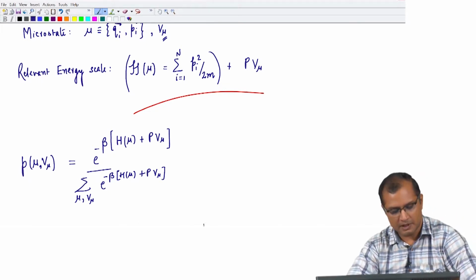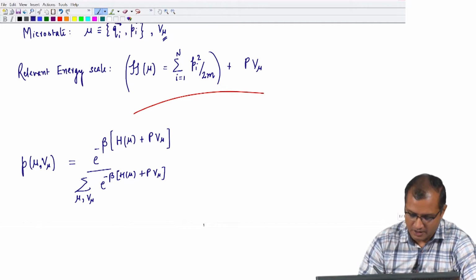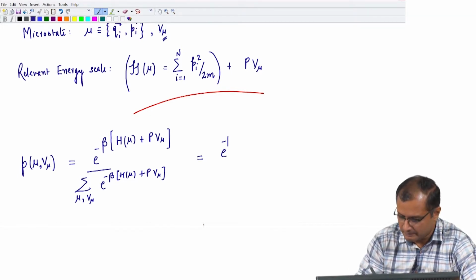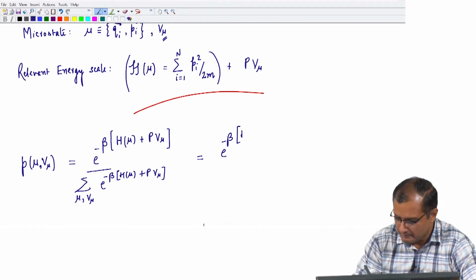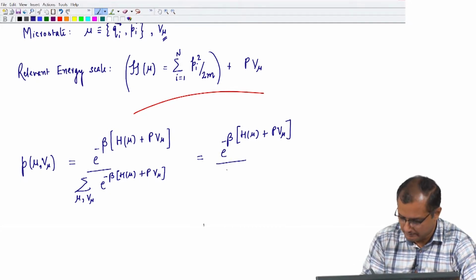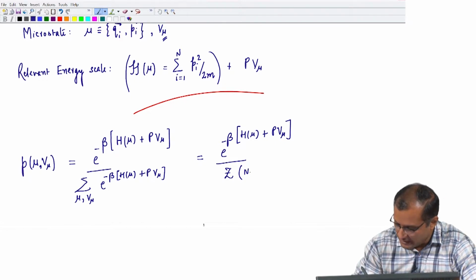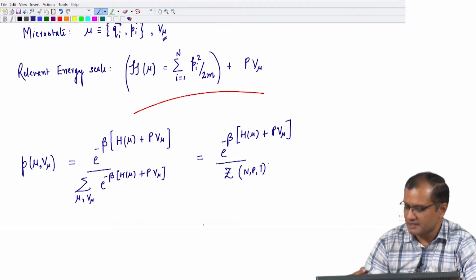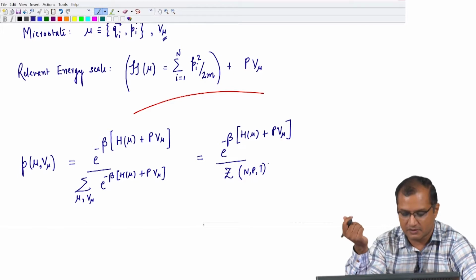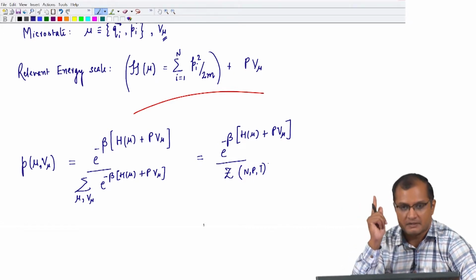Now, this makes my probability distribution function properly behaved, and I am going to call this denominator the partition function, but the partition function for my NPT system. So, the partition function is specified for a macrostate. Okay. So, this is a Gibbs canonical partition function.